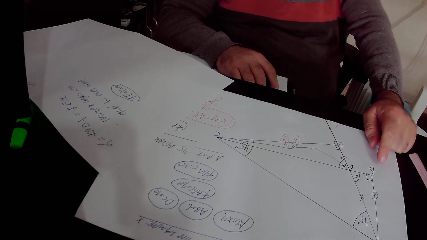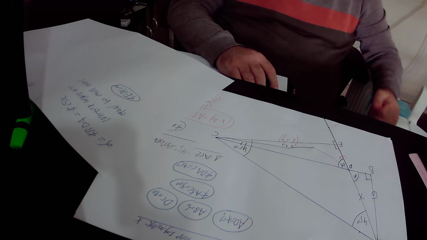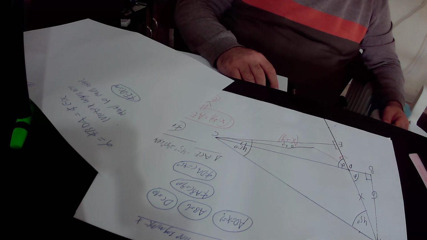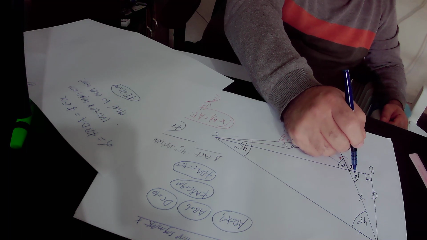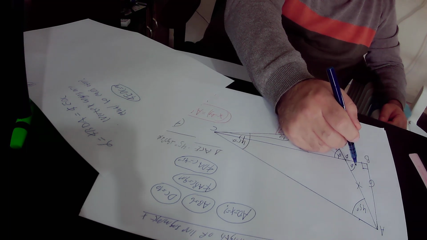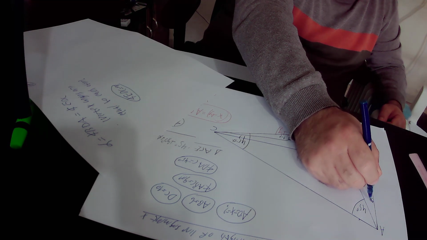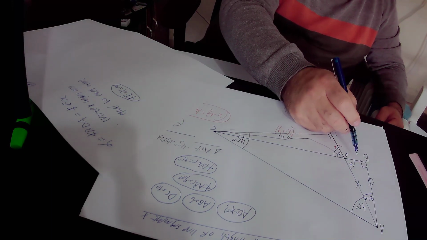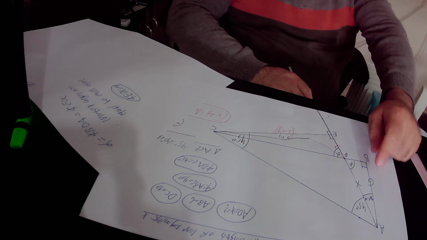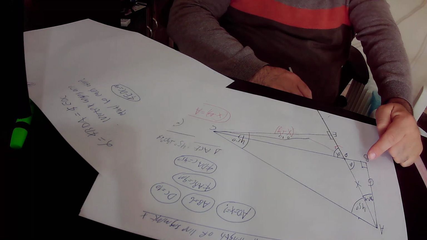So in the right triangle, triangle ABD, we know that the sum of the angles is equal to 180 degrees. So if this angle BDA equals alpha, then this angle must be equal to 90 degrees minus alpha in order to complete the sum of the angles in this triangle to 180 degrees. Because 90 degrees minus alpha plus alpha is 90 degrees, and 90 degrees plus 90 degrees is equal to 180 degrees.